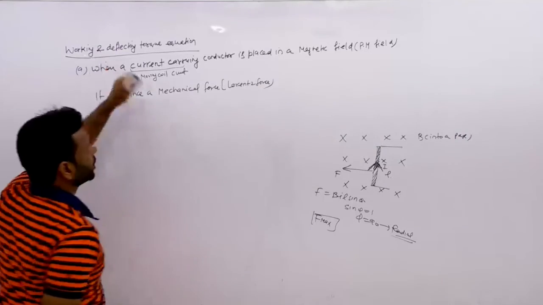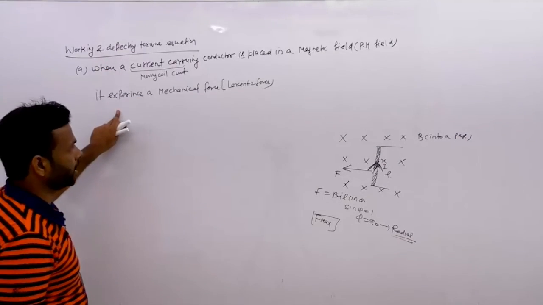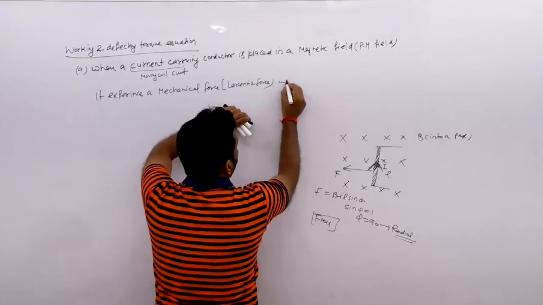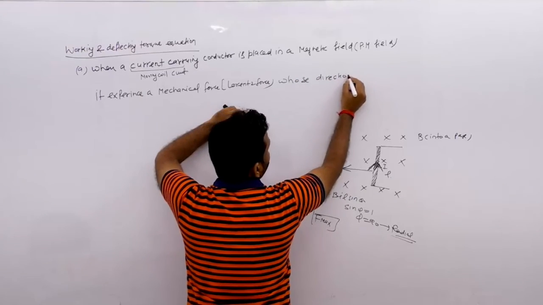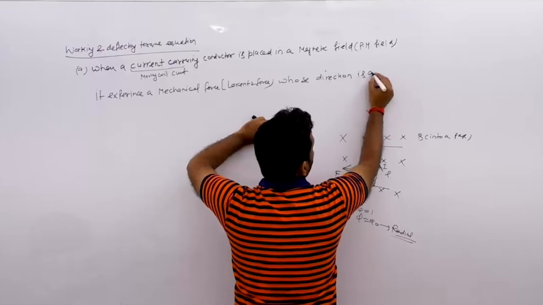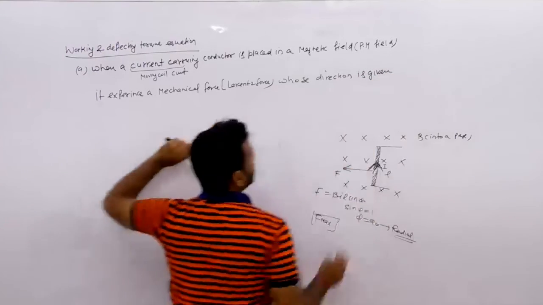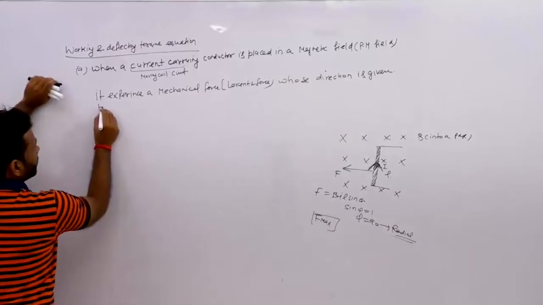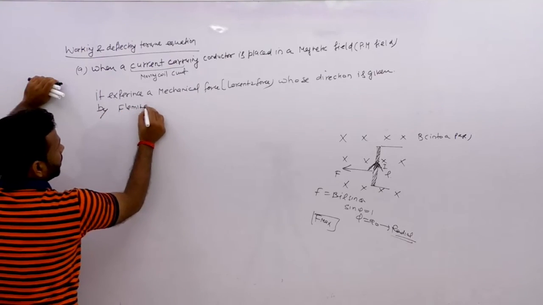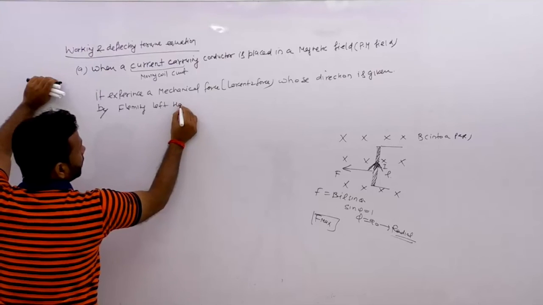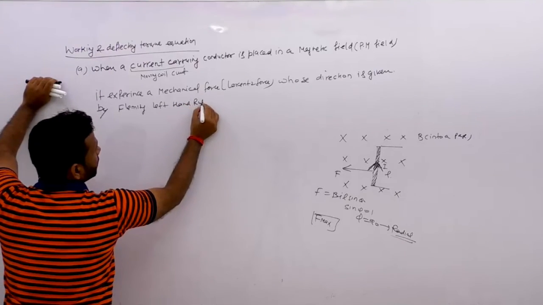When a current carrying conductor is placed in a magnetic field, it experiences a mechanical force whose direction is given by Fleming left hand rule. ठीक है यहां तक?